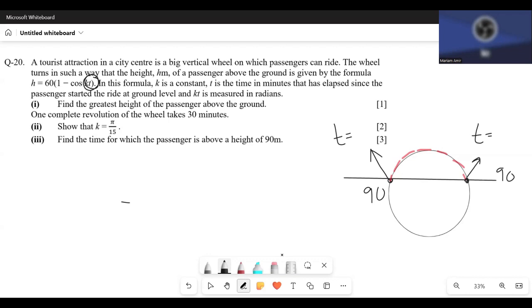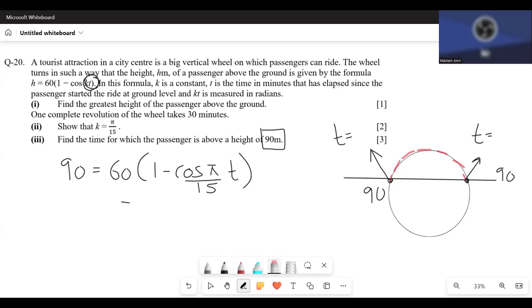Okay, so I'm going to equate the height to 90. 90 equals 60 times (1 minus cos(pi upon 15 t)). K is already known, pi upon 15, and t is what we have to find. We'll probably get two values of t from this equation, and then we're going to subtract those two values of t.